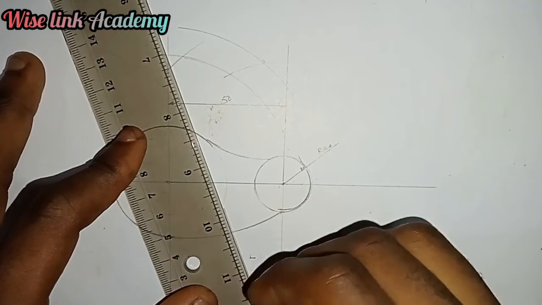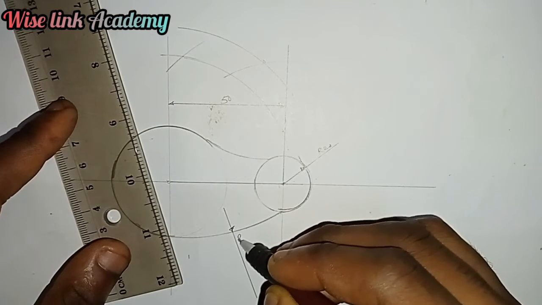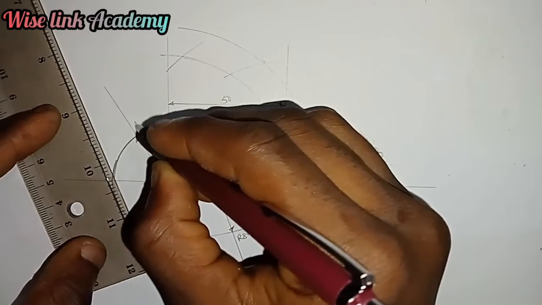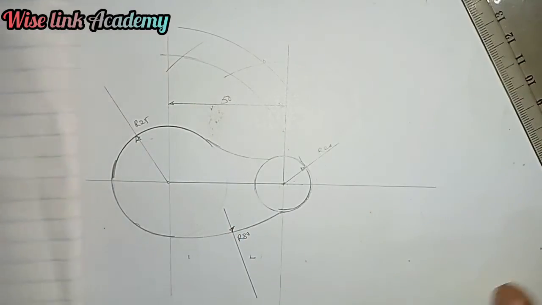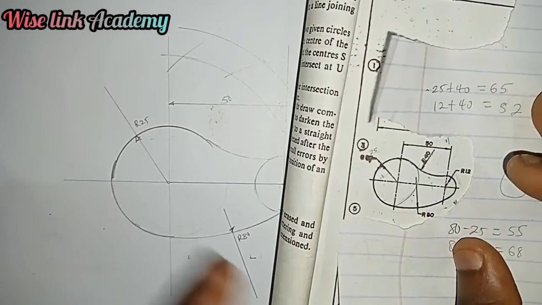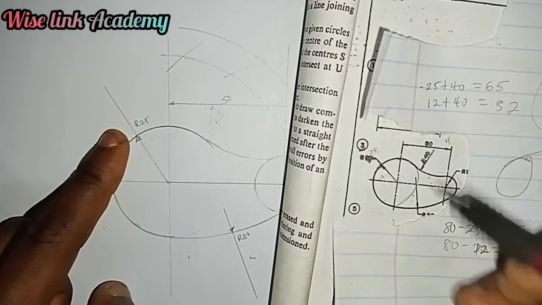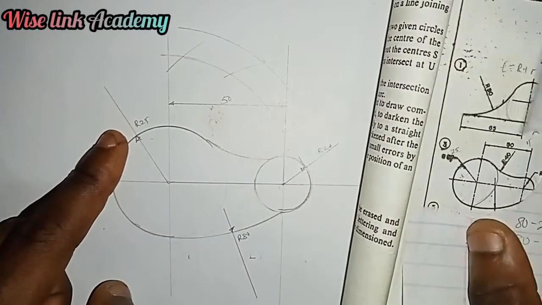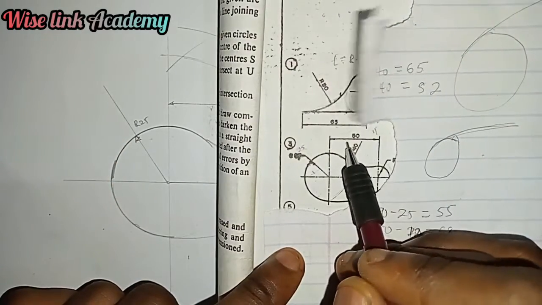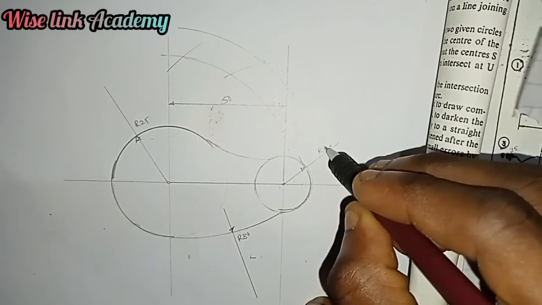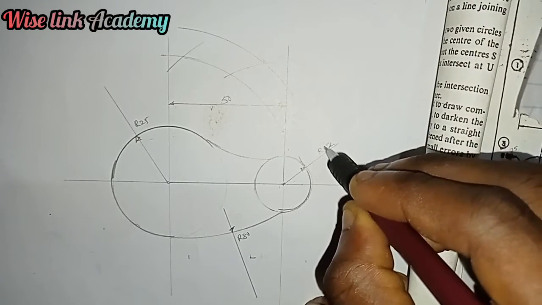The radius of this arc you're seeing here is R80. Here too is given as R25, as you can see below. From this point to this point is 50. And likewise this one has a radius of 12.